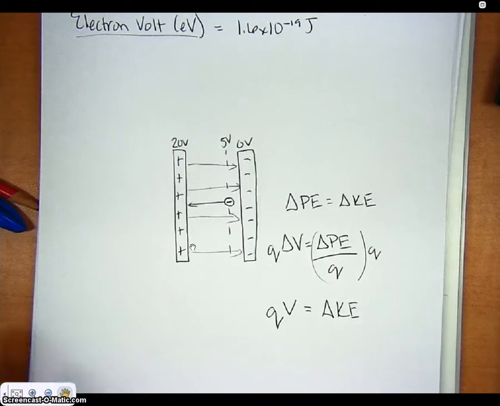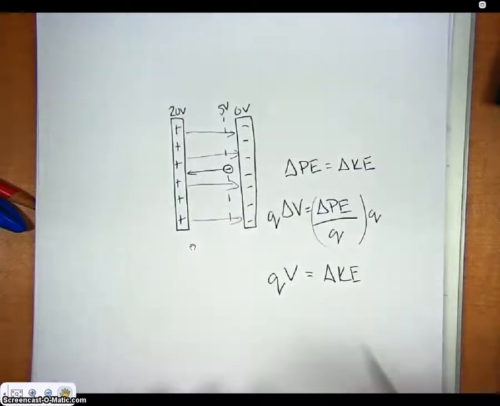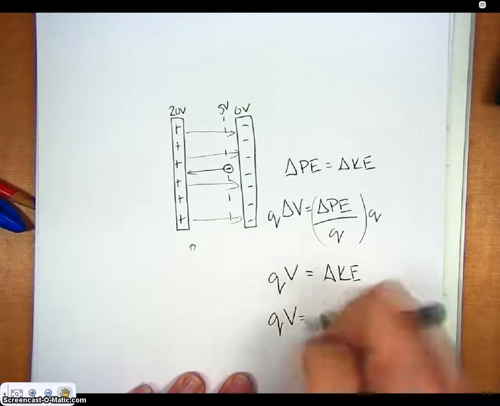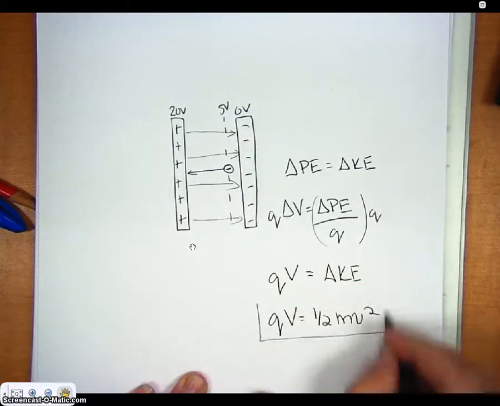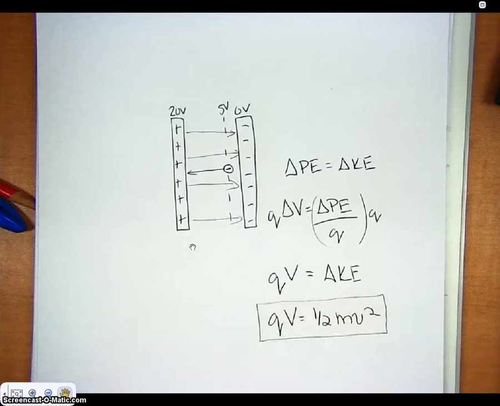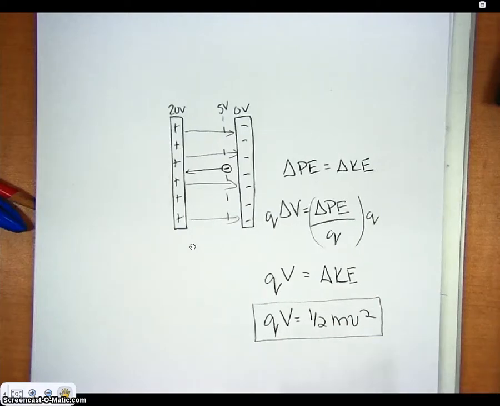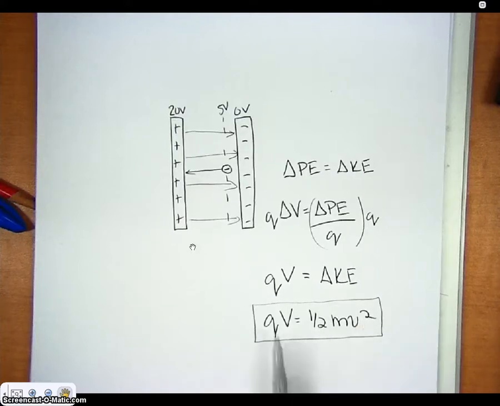Remember, kinetic energy is 1/2 mv squared. So QV equals 1/2 mv squared. This is an important equation to remember, because it allows you to calculate the movement of a specific charge in some potential difference.